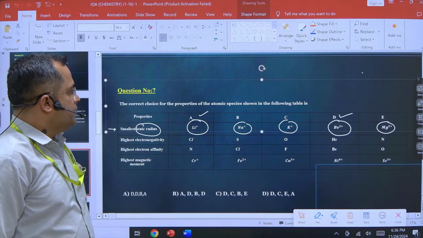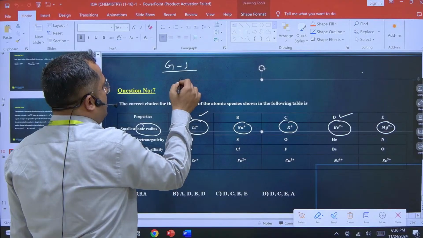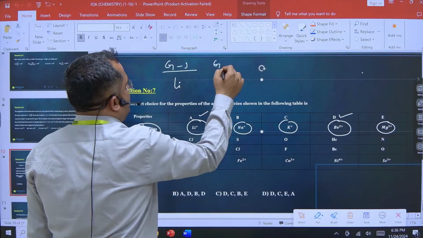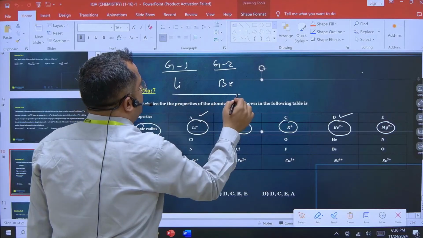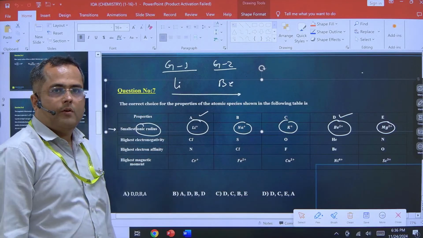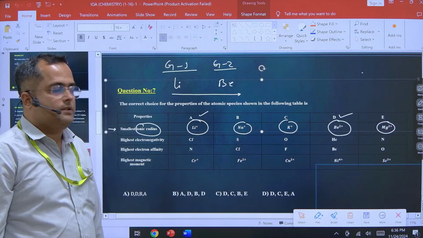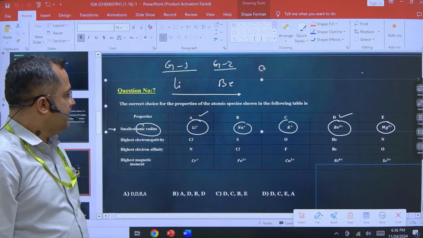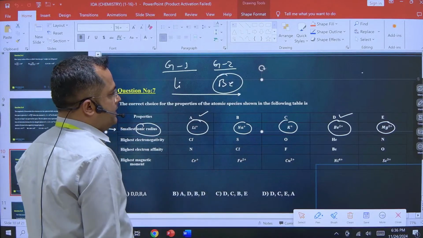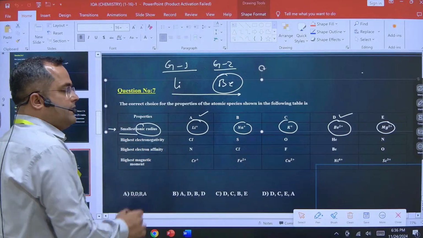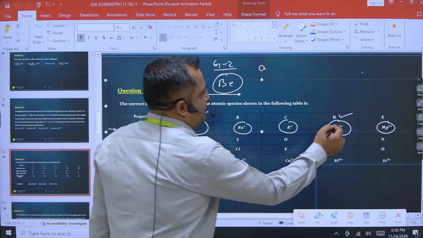In group 1 we have lithium, and in group 2 we have beryllium. Moving from left to right, effective nuclear charge increases, so atomic size decreases. So the size of beryllium ion will be less. They have asked the smallest ionic radius, so the smallest will be of beryllium.